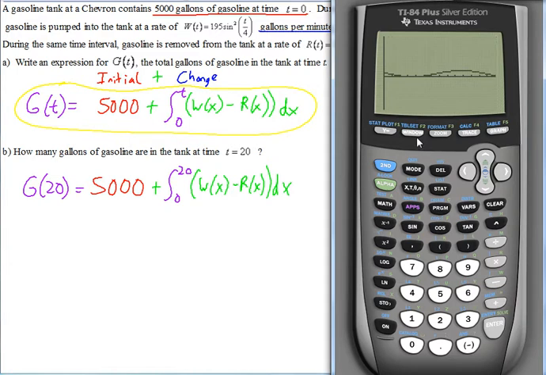Let's go ahead and change it. Notice it says these apply from 0 to 20. So x minimum would be 0, x maximum would be 20. That part we know for sure. And it looked like, based on our graph, the y min and max were much too big. So let's try negative 10 to 10. See if that's big enough.